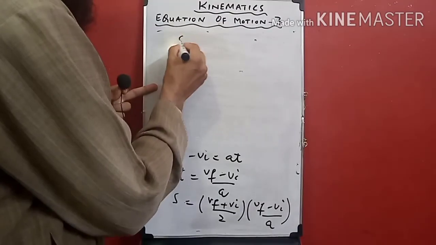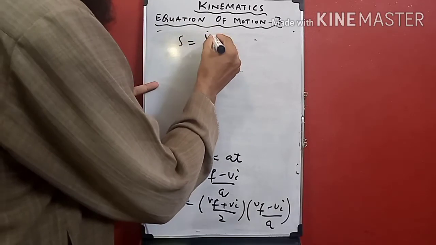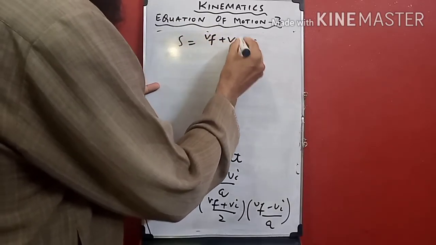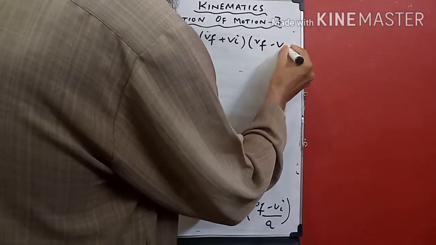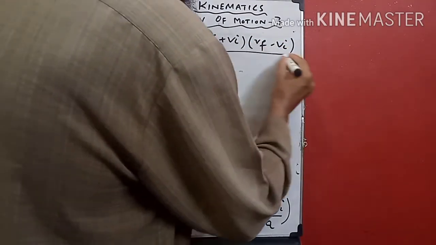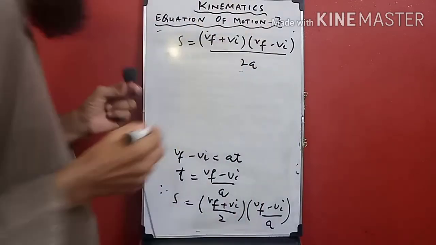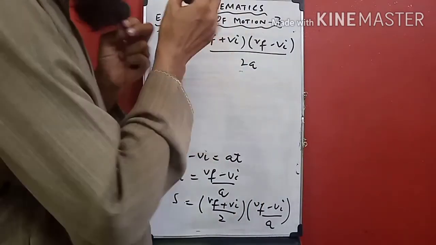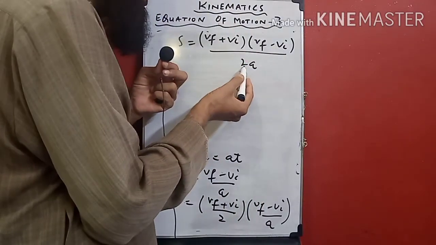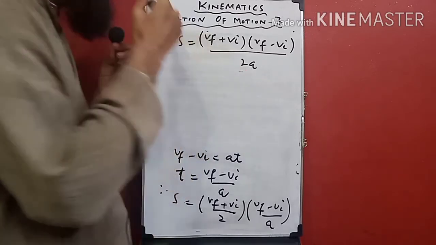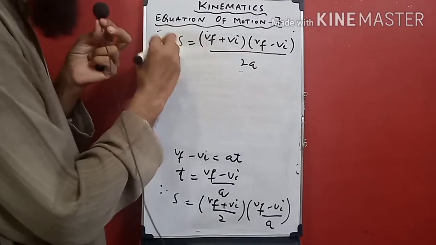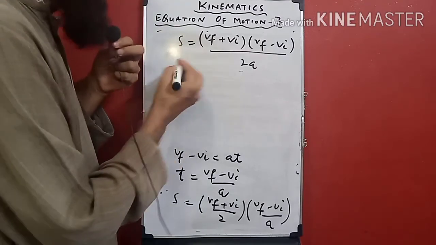So S is equal to Vf plus Vi multiplied by Vf minus Vi upon 2A. Now this 2A is in the denominator on the right hand side. When it moves to the left hand side, it comes as a multiple of 2AS.